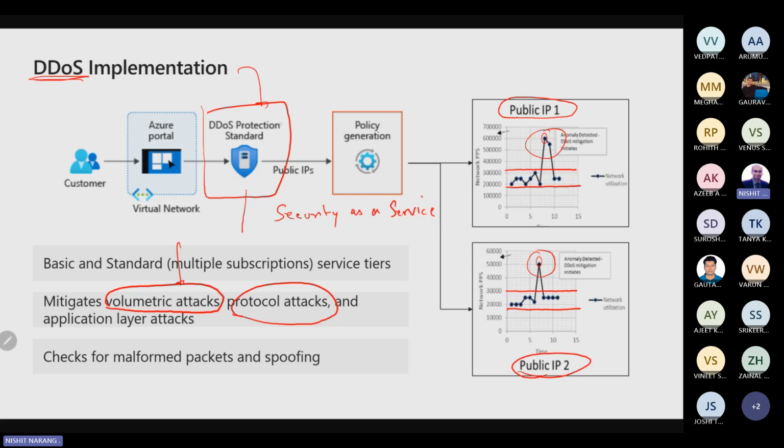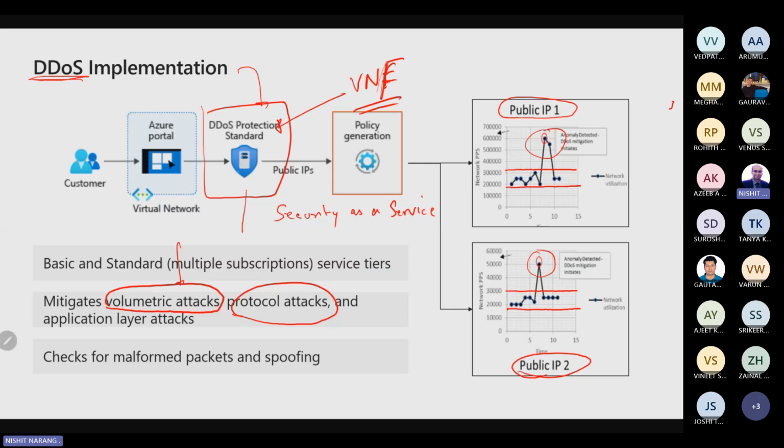In reality, when we studied our course, what did we call this kind of function? We called it a virtual network function, right? That's what we were calling it. It's a network function, and it's a virtualized network function. And when we studied it, we said a virtualized network function is a software implementation of a hardware-driven security appliance or a network appliance in general, which you can deploy on any COTS server. That is what DDoS protection standard is.